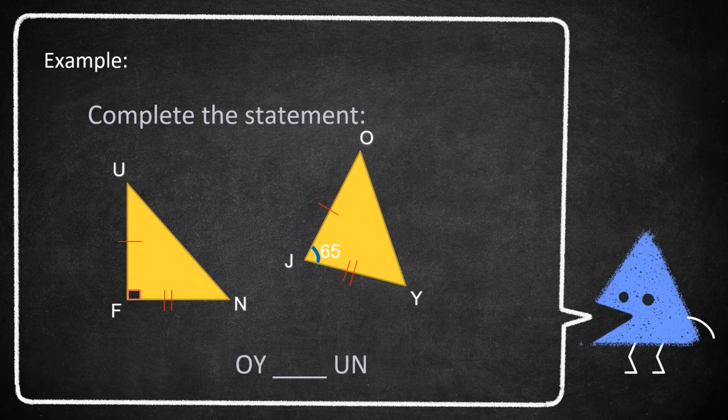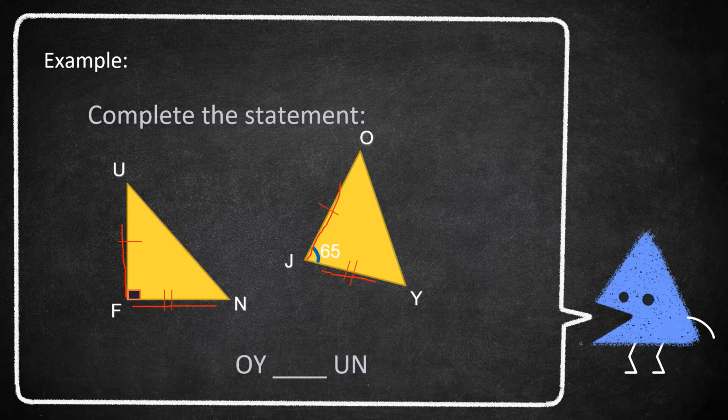Another example, so let's complete the statement. In triangle FUN and triangle JOY, we have FU is congruent to JO. FN is congruent to JY. What can you say about angle F and angle J? Correct.